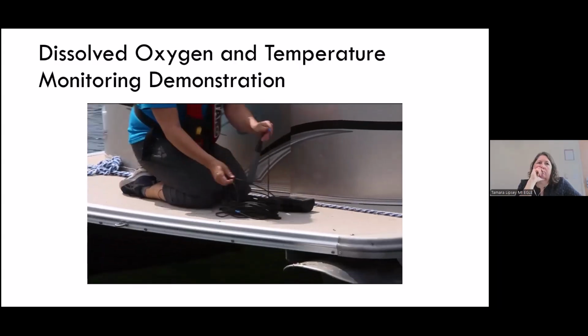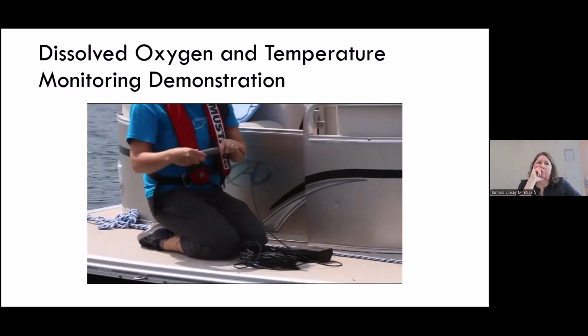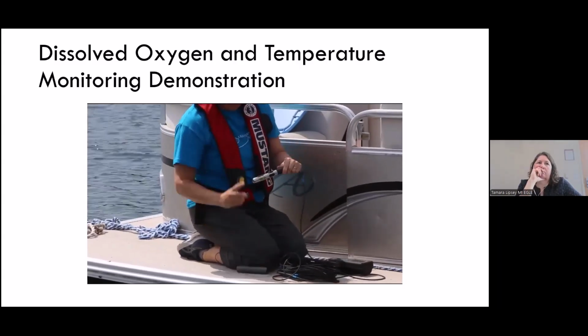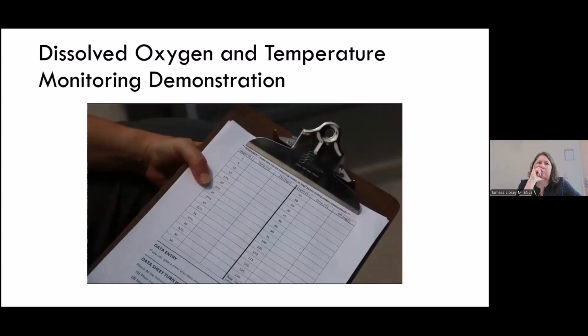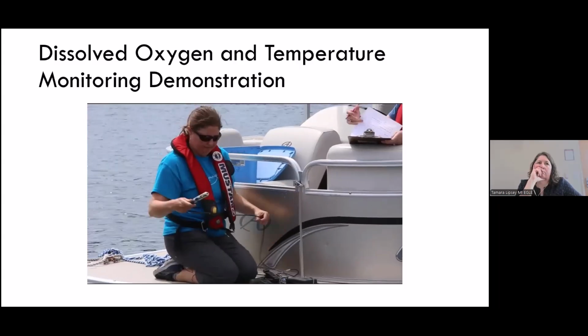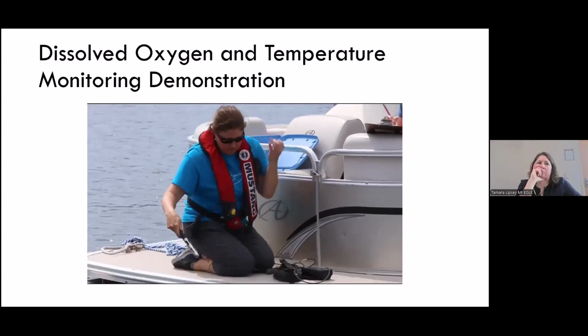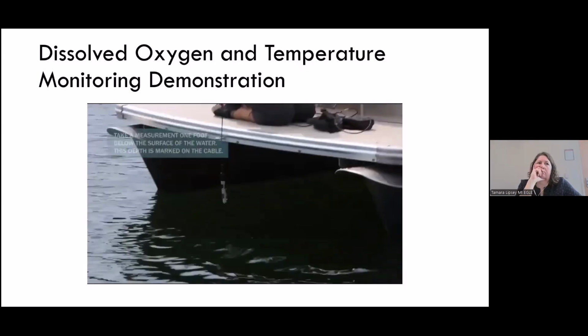After calibration, remove the cap from the probe. Do not remove the metal cage. Measurements of temperature and dissolved oxygen will be taken throughout the water column from top to bottom. Follow your dissolved oxygen data sheet for specific depths. To begin, take a measurement 1 foot below the surface of the water.